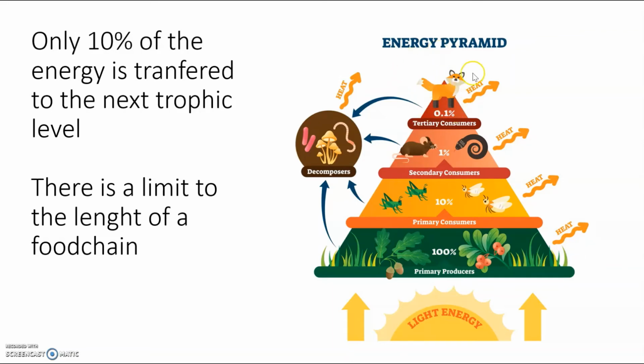So eventually there's simply not enough energy in the form of organic chemical energy and organic molecules up here to sustain a next trophic level. So that's the reason that we usually don't see food chains much longer than maybe 4 or 5 levels. Yeah.